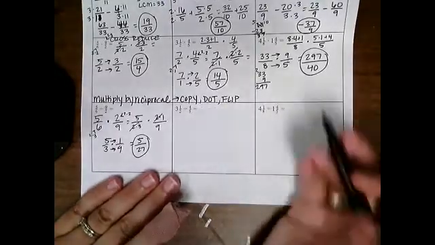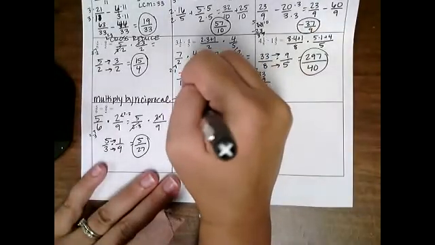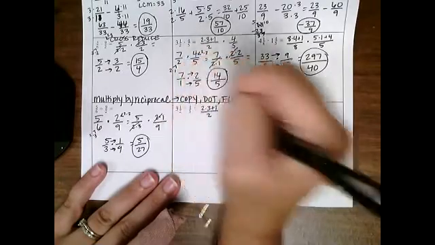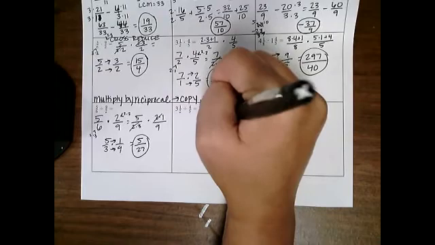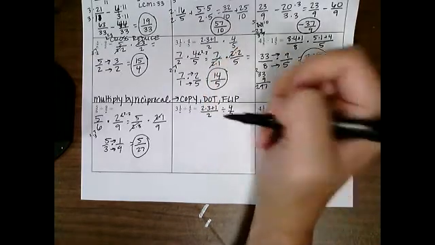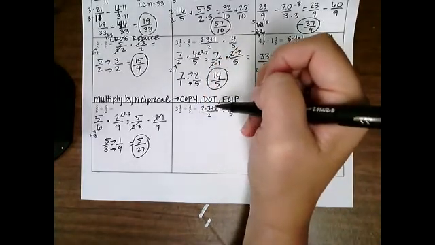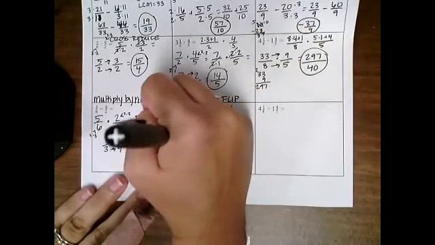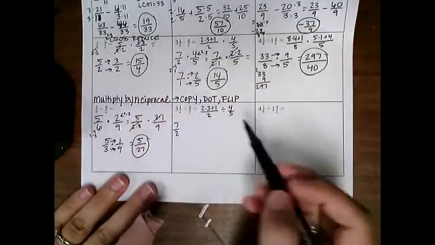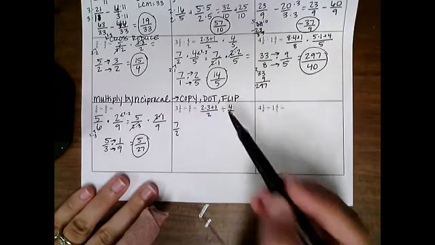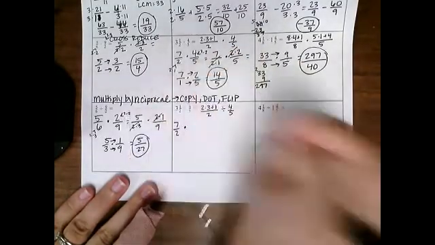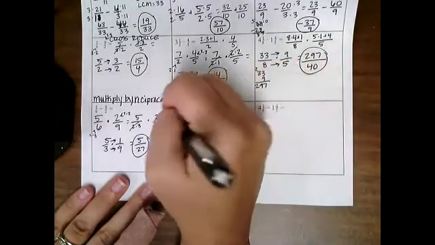This one I have to convert again. So I have 2 times 3 plus 1 over 2. And I'm just copying down, divided by 4/5. 2 times 3 is 6, plus 1 is 7, so I have 7 halves. Now I'm going to go ahead and change this to multiplication. So I'm copying down my first fraction, change it to multiplication, and flip my second fraction.